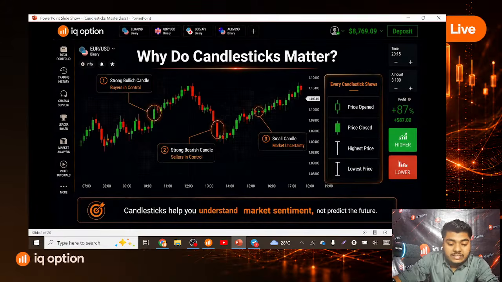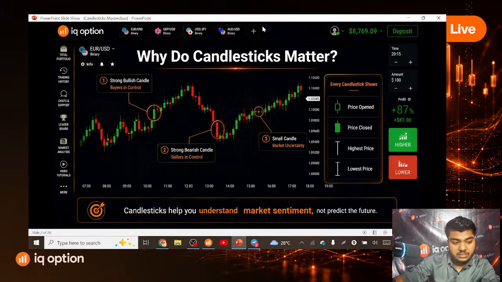A strong bullish candle shows that buyers were in control, and vice versa, a strong bearish candle shows that the sellers were in control. By reading candlesticks correctly, we can better understand the market instead of simply watching the price move. So remember, candlesticks don't predict the future. They help us understand what the market is telling us right now.